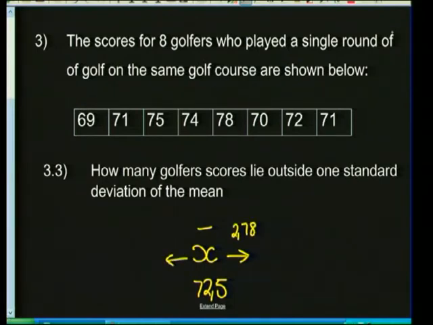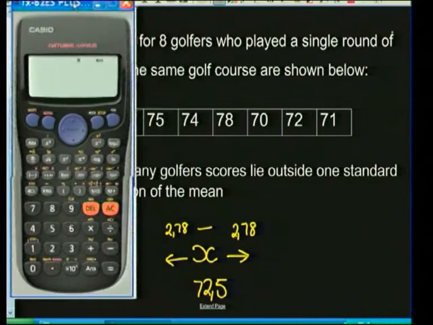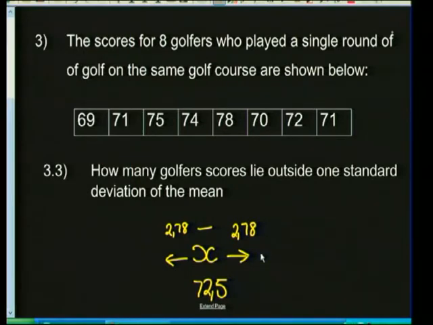And 1 standard deviation down from the mean we would take away 2.78. So let's just work that out here. Let's go back to our normal calculator, and we're going to take your mean of 72.5, and I'm going to add 2.78 onto that. Well, that gives us 75.28.